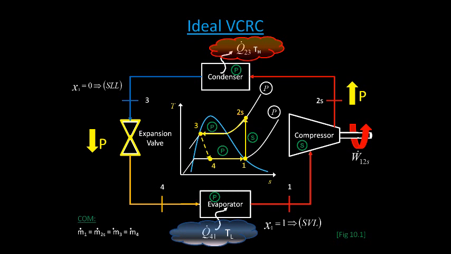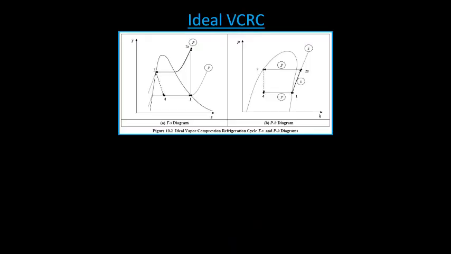Next, if we look at conservation of mass, the mass flow rate at 1 is equal to the mass flow rate at state 2s, is equal to the mass flow rate at 3, which is equal to the mass flow rate at 4. This is understandable because all of the processes inside of the cycle are one inlet, one exit steady flow devices.